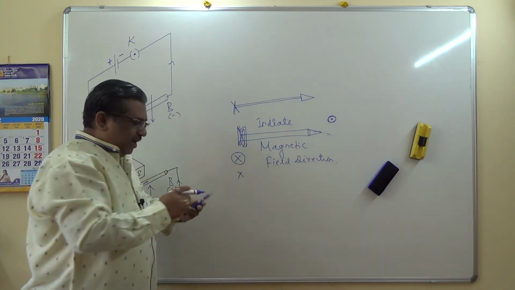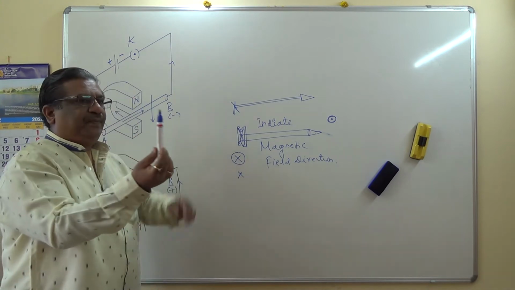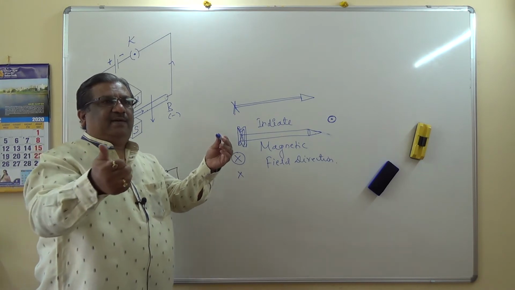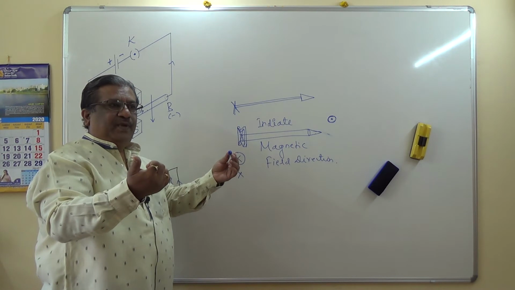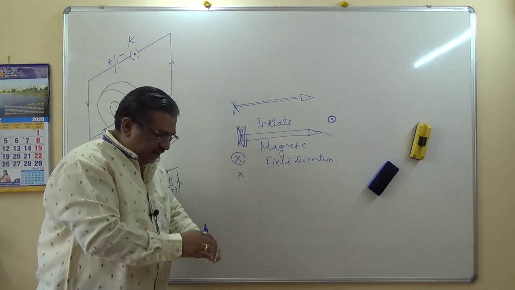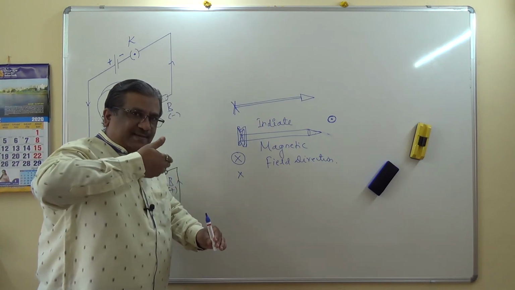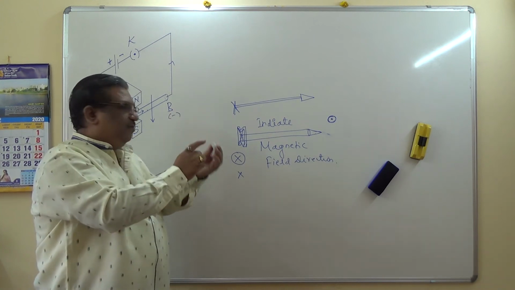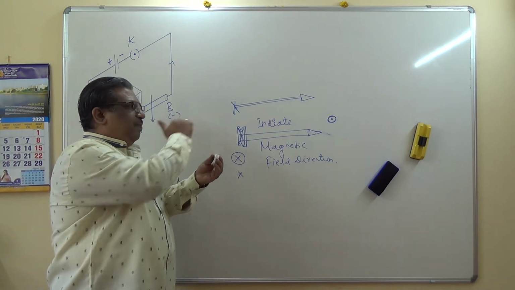If it is pointing towards you, that means the direction of the magnetic field is out of the board, pointing towards you. If you are reading a textbook page, then the magnetic field is out of the page towards us. If this is reversed, and you are seeing the back side, which is a cross, then the magnetic field is into the board.